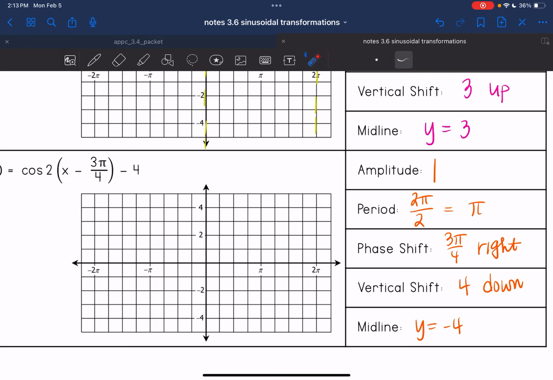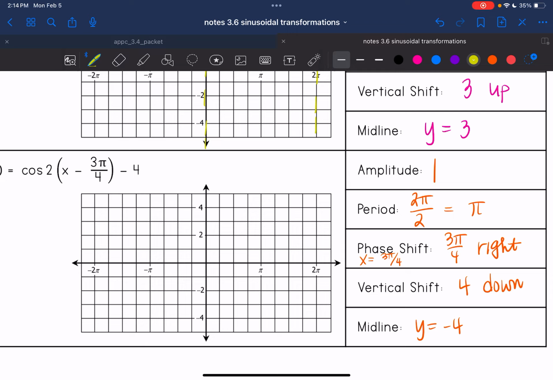Up here for phase shift, I'm just thinking about it now. We should probably write where it's going to start. So instead of starting at x equals 0, we're going to start at x equals 3 pi over 4. So I know that this is a minus, but we're starting at positive because we're moving to the right. Okay, let's get all this information onto our graph.